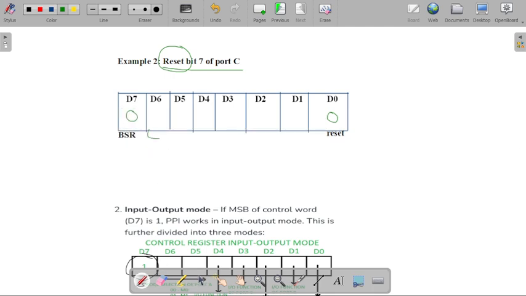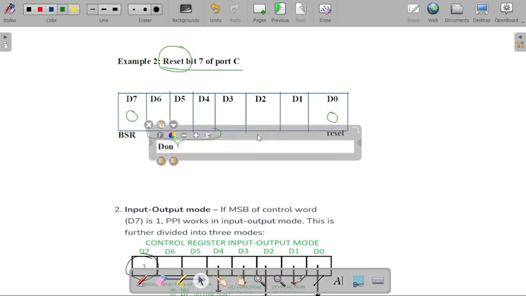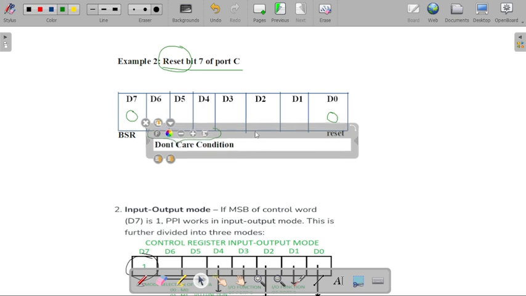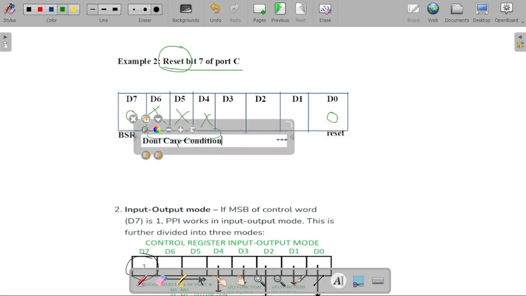Now these 3 bits will be used as don't care conditions, so you write the don't care condition here, and you can put a cross mark for it. The next step is to set our port C structure.